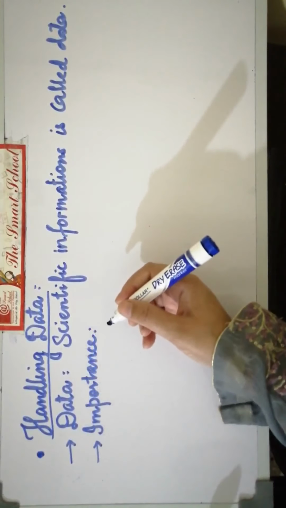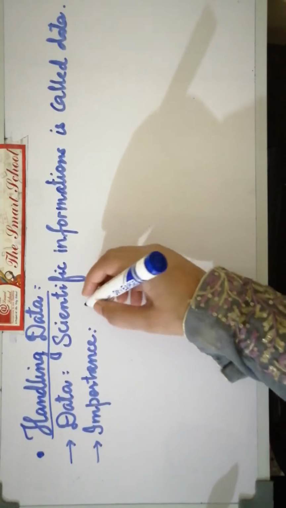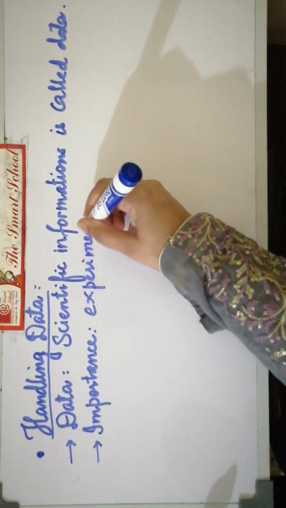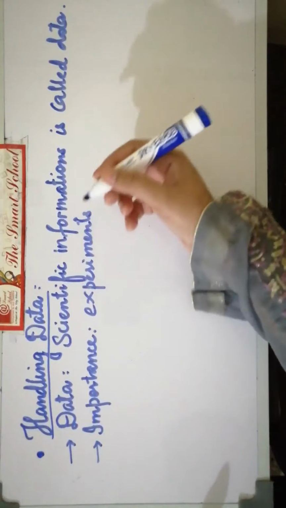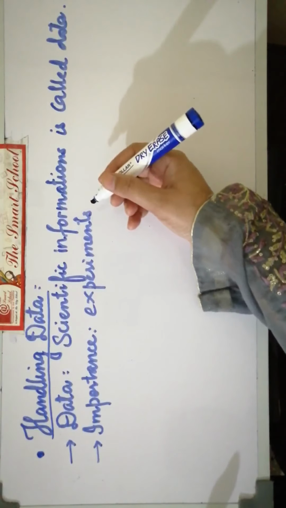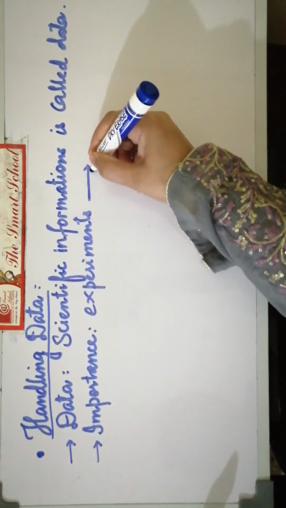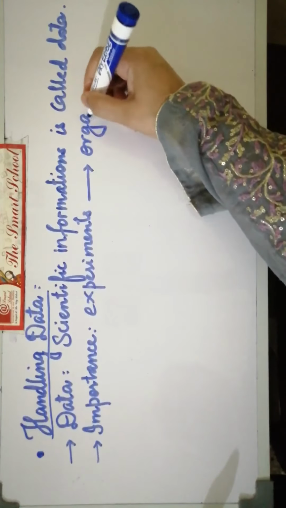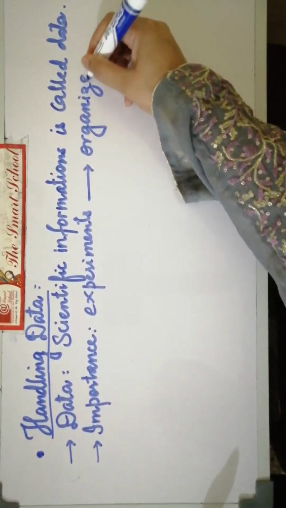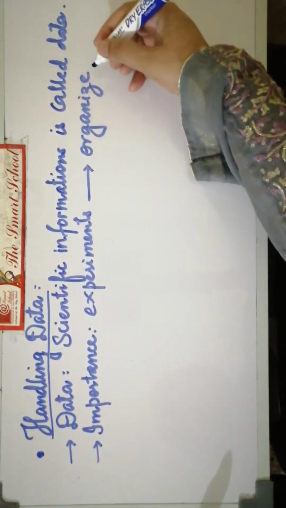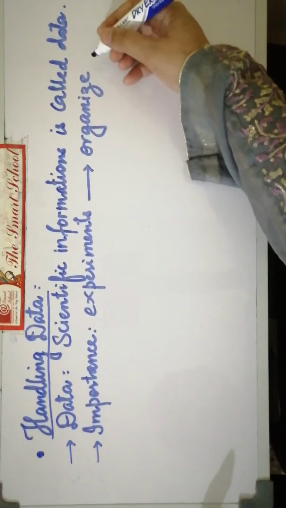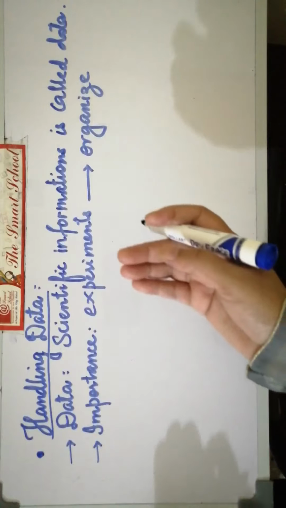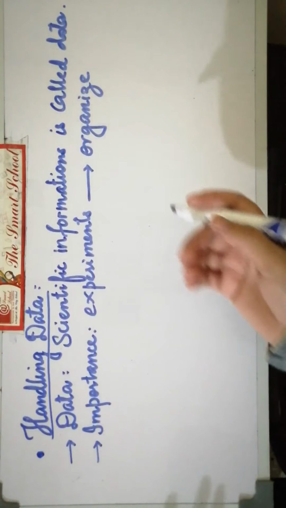It is very useful because you have gained it from your experiments, and after getting a lot of information from the experiments, it becomes useful for you not only to organize. What is the meaning of organize? To arrange. Arrange all your information in a proper way and present it in front of others.